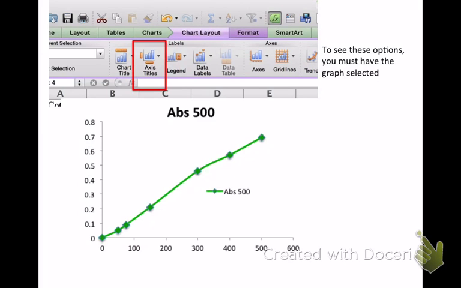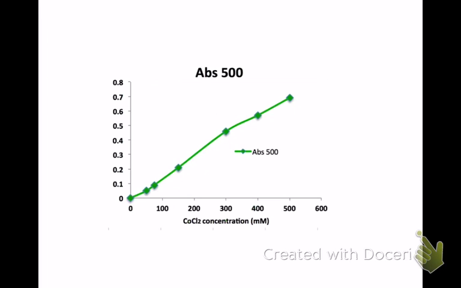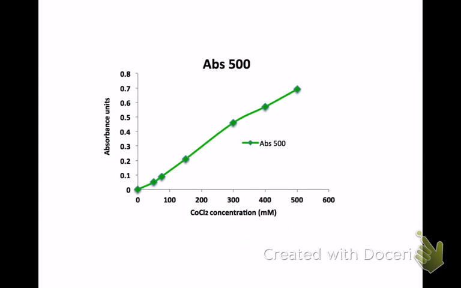Remember, when you're in axis titles, you can select either the horizontal or the vertical. We'll show on the next slide that we end up adding the label cobalt chloride concentration, millimolar, because that's what's on our horizontal axis. Then we can do the same with the vertical axis, and we label that absorbance units.